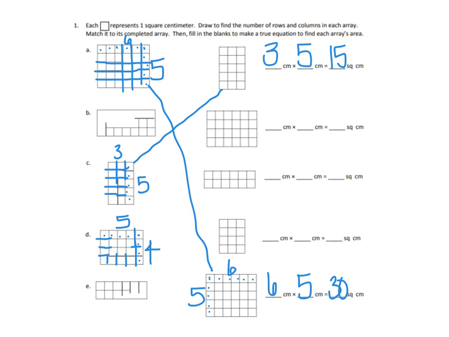So there's actually a mistake with this one, and we need to add on another column. So instead of 5, we now have 6, and our width still stays the same as 4. And that is going to match with the second one. So we have 6 centimeters times 4 equals 24 square centimeters.